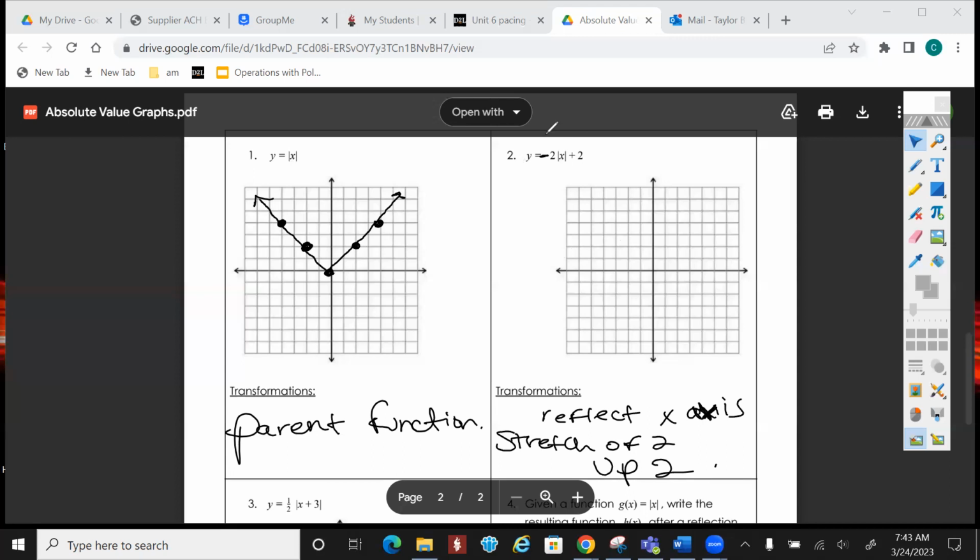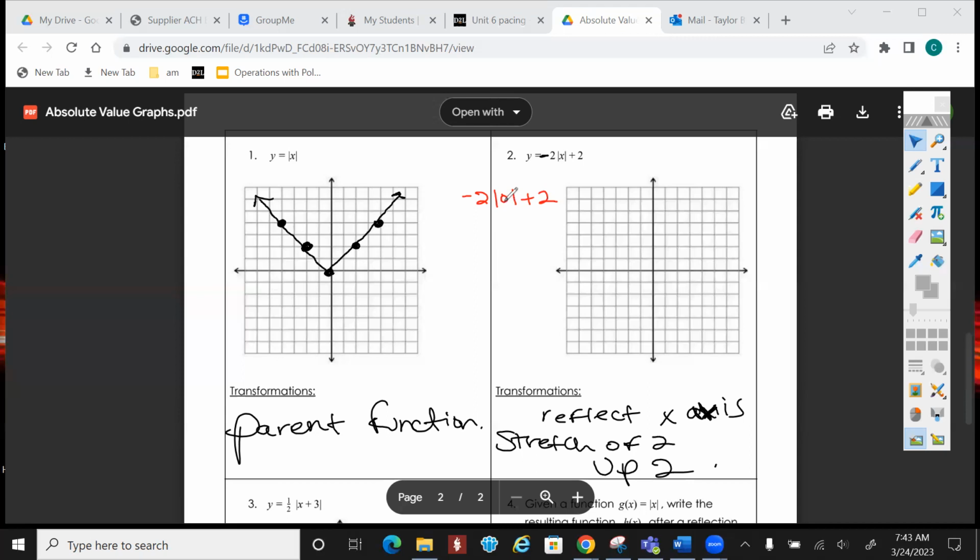All right, so now we're going to take a couple of points to plug in. Again, if you're not super great with the whole graphing thing, Desmos. But we're going to try to do this by hand. So if we plug 0 into this equation, we would get -2, absolute value of 0, +2. Well, what's the absolute value of 0?